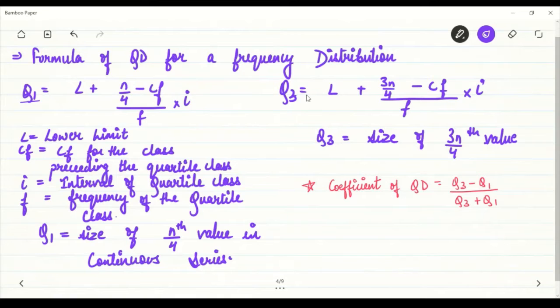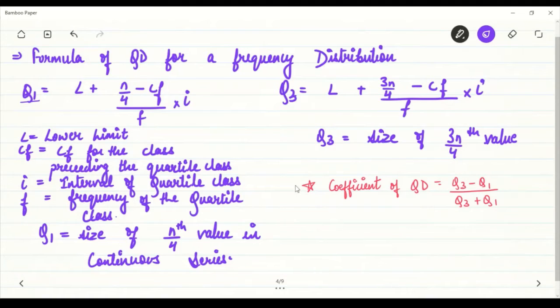Whereas Q3 is equal to L plus (3n by 4 minus Cf) upon f into i, where Q3 is the size of 3 into n by 4th value.